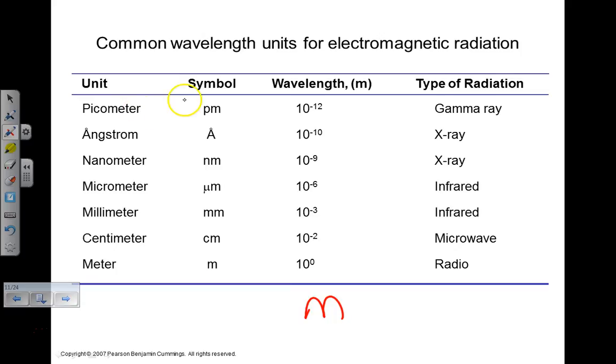Okay, but when we see gamma rays, we usually measure them in picometers, and when we see visible light, typically we'll measure it in nanometers. But if we're going to do any math with them, you have to make sure that you can convert to meters. Okay, and so this just kind of gives you the idea of the conversions and what you need to do.